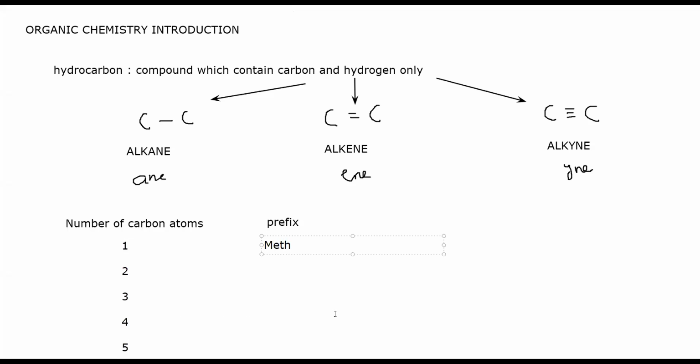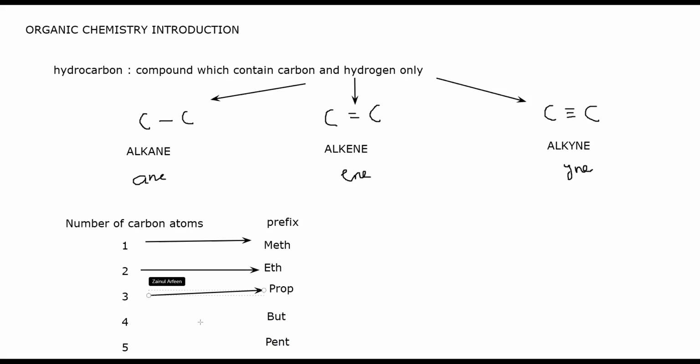If there are two carbon, then the prefix will be eth. 3 carbon, it will be prop. 4 carbon, it will be but. 5 carbon, it will be pent. So if there is one carbon, it's meth, 2 eth, 3 is prop, 4 is but, and 5 is pent.